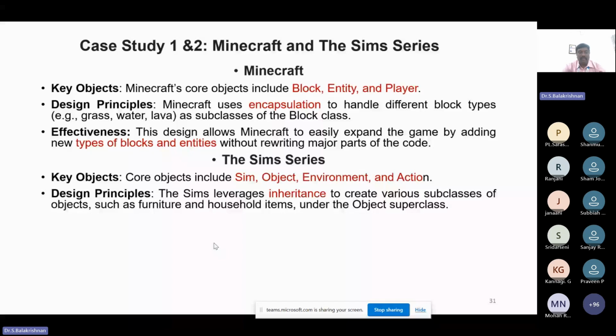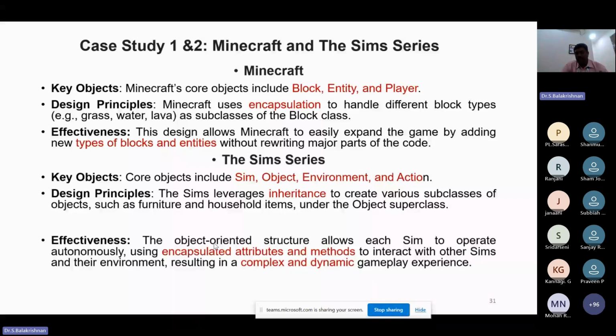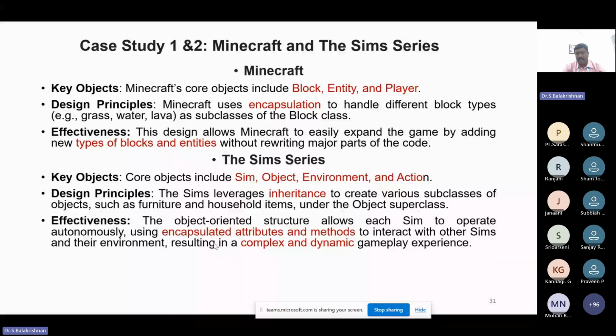Some objects have attributes like health, mood, and even relationships that influence the behavior and interaction between each other. Finally, on effectiveness, it allows each Sim to operate simultaneously and autonomously using encapsulated attributes and methods to interact with each other in the Sim environment, resulting in a complex and dynamic gameplay experience.